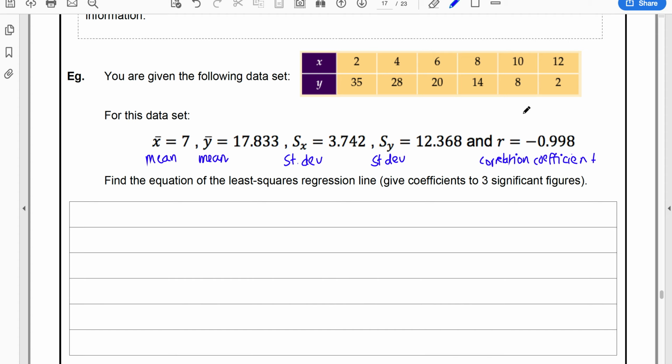Find the equation, giving coefficients to three significant figures. So B is what we want first.